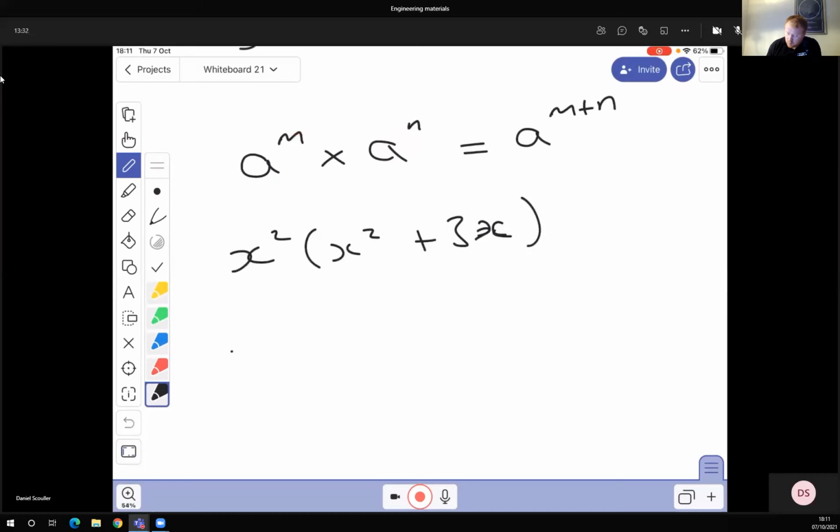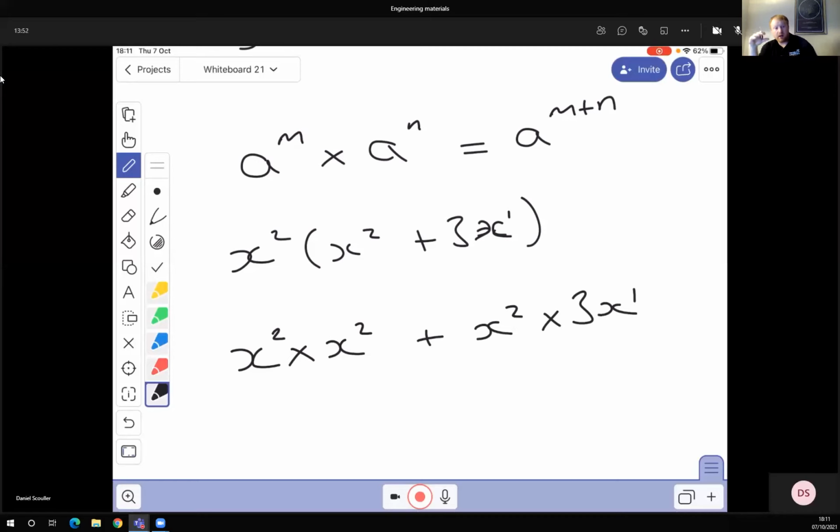All that becomes x squared times x squared, and then plus x squared times 3x. And I'm going to put a wee 1 there, because remember, if an x is there, it's x to the power of 1. If there's no power there, that's what it is.